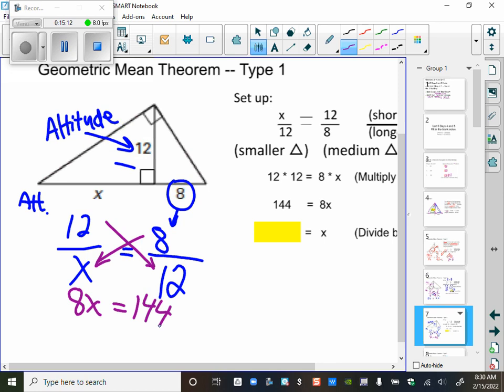Do we have the same here and there? Do we have 144 equals 8x? 8x equals 144? Okay. I want you to solve for x at this point. What do we get? 18. You should get 18. All roads lead to x equals 18, or 18 equals x. They are the same.